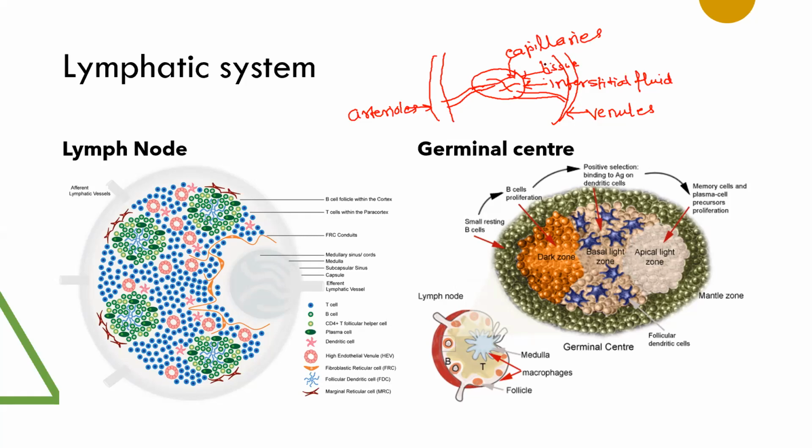So we have vascular capillaries as well as lymphatic capillaries, which originate from the capillarization of the afferent lymph ducts, and the efferent lymph duct is the one that is taking the lymph out.